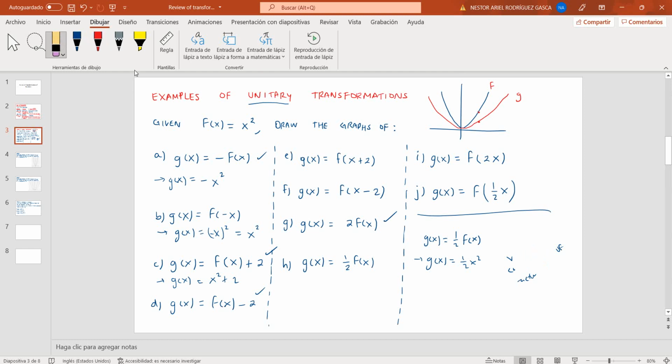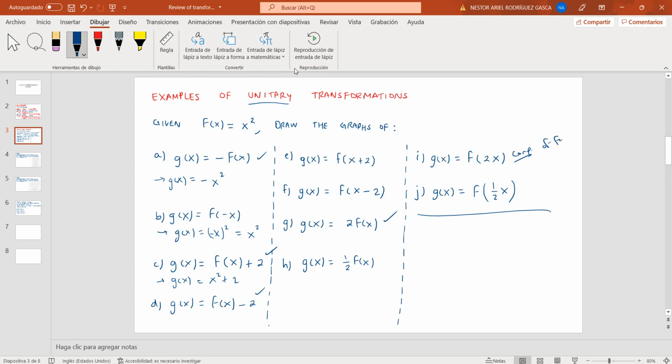It's pretty much the same idea with these two, once again. But now the only difference is that when you multiply the input by a number greater than 1, it's no longer going to be a stretch like in this case. It's going to be a compression of factor 2. And when the constant is a fraction between 0 and 1, this is going to be a stretch.